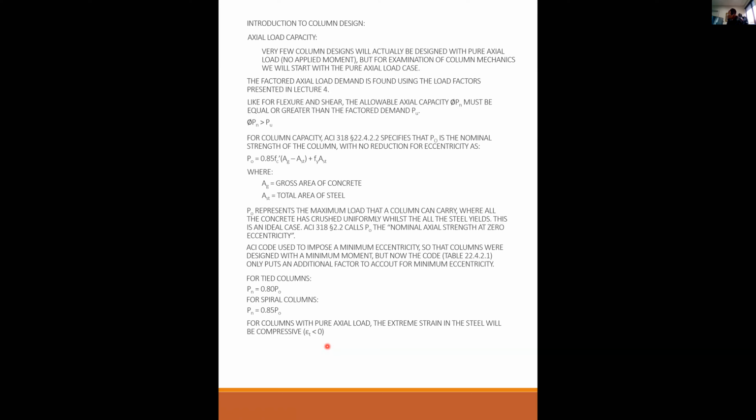And that's okay, but because the strain in the steel is less than epsilon ty, which is a positive 0.00207, ACI 318 section 21.2.2 and Table 21.2.2 prescribe phi as, for tied columns, 0.65, and for spiral columns, 0.75.